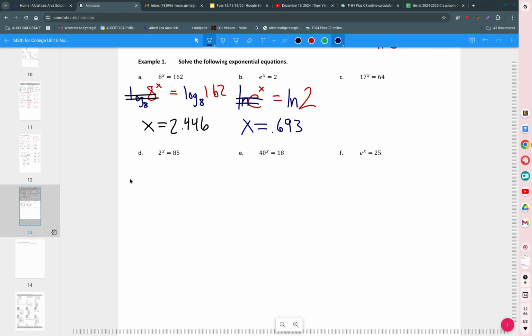The next one, 17 to the x is 64. I want to get rid of 17. What do I do to get rid of the 17? Log base 17.